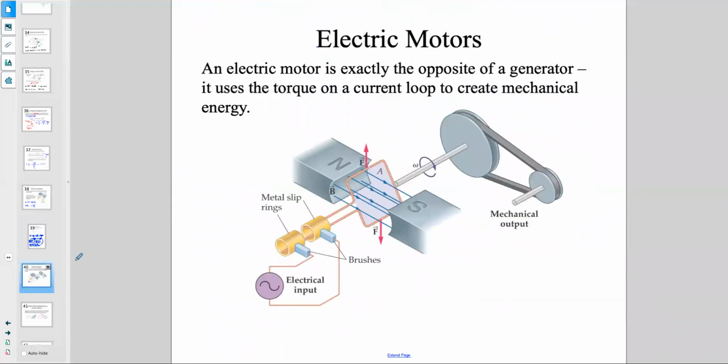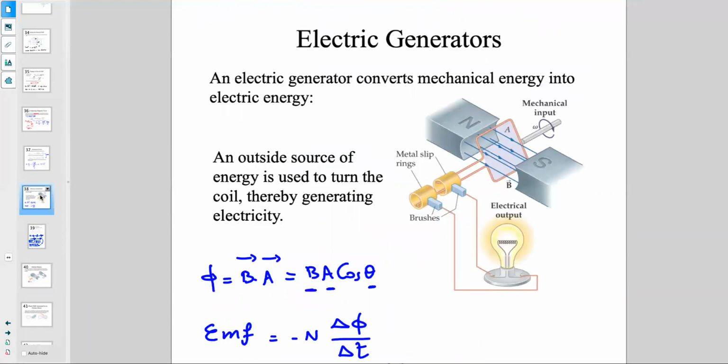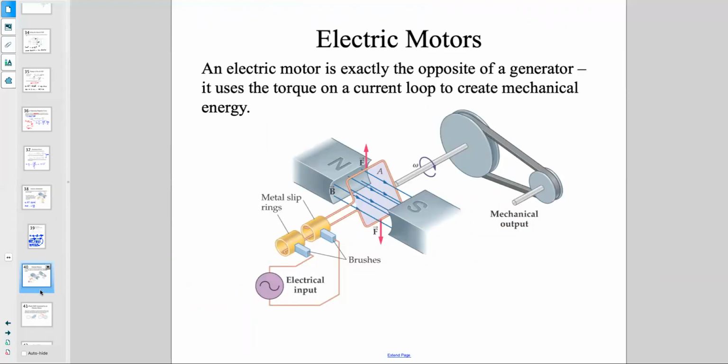Electric motors. An electric motor is exactly the same, but doing the opposite of generators, okay? So remember the generator, you had a mechanical input to generate an electrical output, but the electric motors are doing exactly the opposite of the generators.